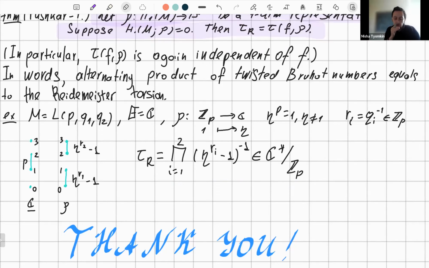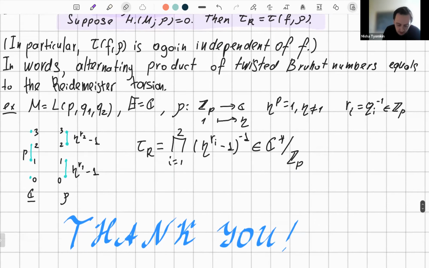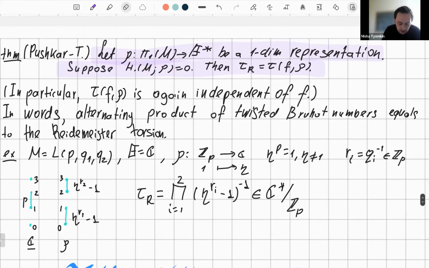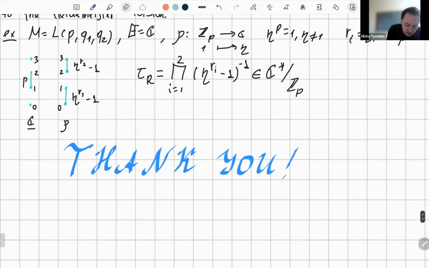So in a few words, you do the following. You have the representation rho of pi one. It extends to a map from the group ring of pi one to F, just by linearity.